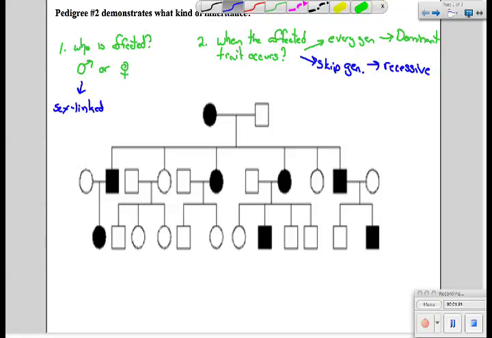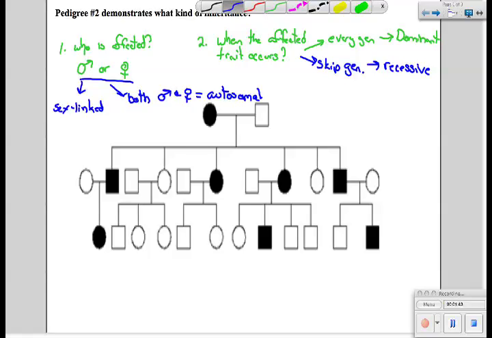Or if it occurs in both males and females, it means that the trait is an autosomal trait, meaning that it is found on one of those 22 pairs of chromosomes, not the one pair of sex chromosomes.